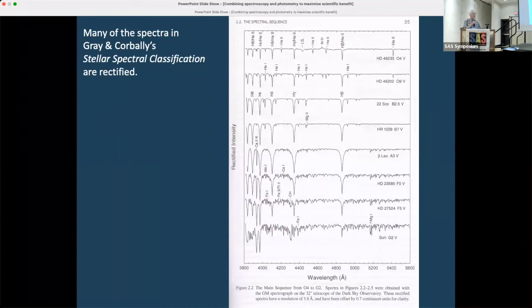Where this doesn't work so well is if you're dealing with very red stars, which have a continuum that's heavily punctuated with molecular absorption features. It's then very difficult to define what the smooth continuum is. So you'll find in Graeme Corbely, the red stars tend to be normalized spectra rather than rectified.